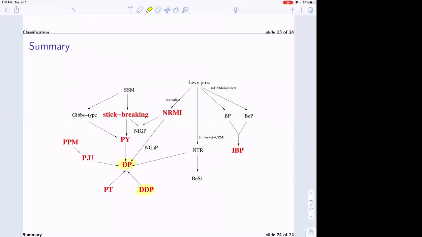Today we talked about the DDP, and we could have added here the ANOVA DDP is just a special case of the DDP. Yesterday we had already the Polya tree. We had normalized random measures. I just introduced them as normalized random measures.